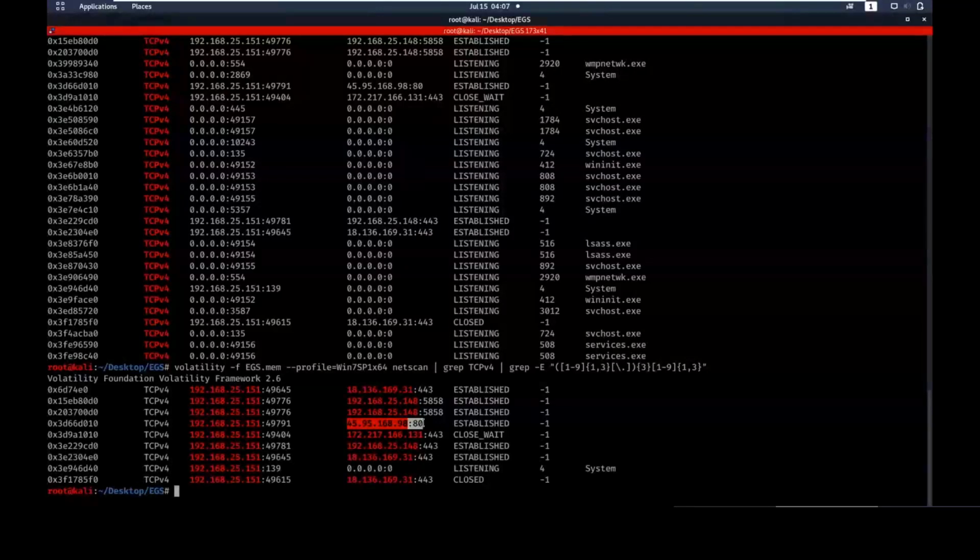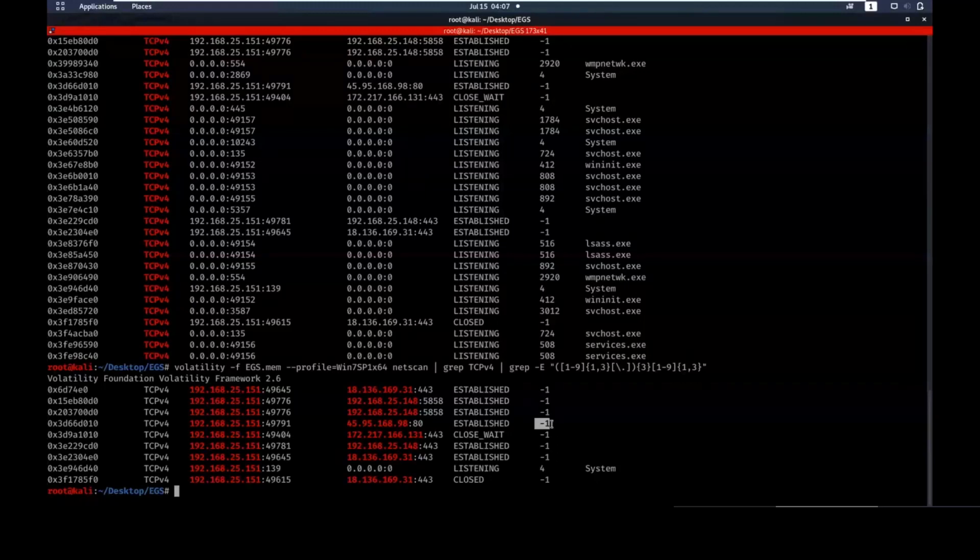So I would like to see who generated it. But here we go, the process ID is -1. That means in this image we are not able to see which process created these network connections. If it were normal browsing, we could have easily seen that.